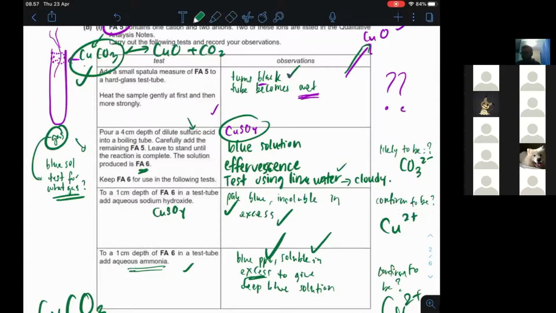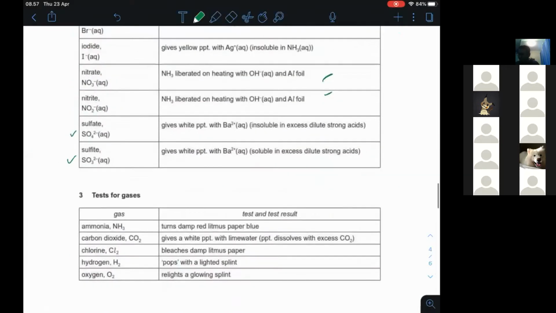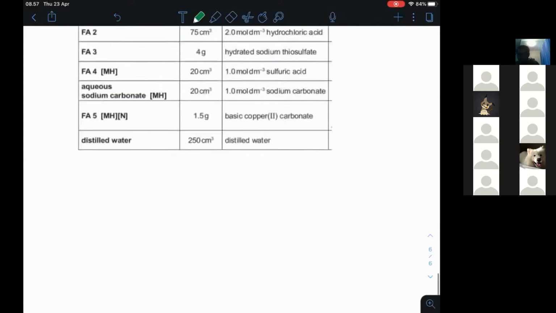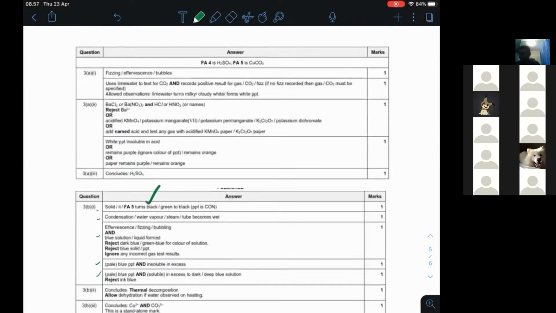But I do not know what other ions might be there that make my tube become wet over here. So I'm still getting the mark for writing it's going to be black. But if you look at the marking key, they actually wrote, the solid turns black, and then they also give the answer where the steam is going to be released or the tube will become wet.